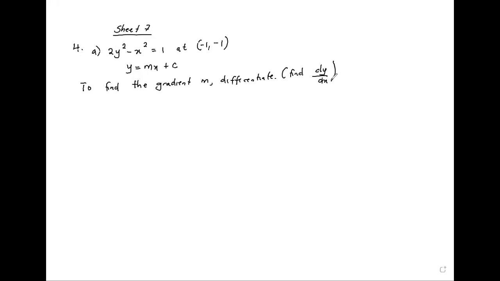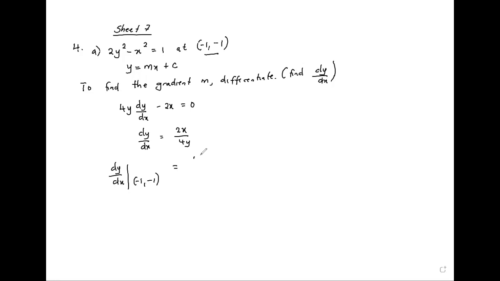So we'll differentiate here using implicit. So say 4y dy dx minus 2x is equal to 0. So that dy dx is equal to 2x over 4y, and then substitute in the point given, -1, -1.